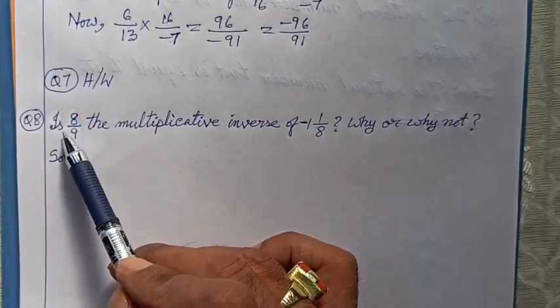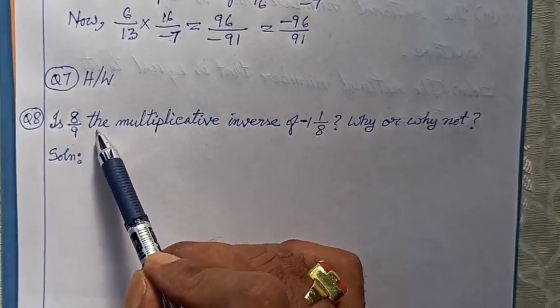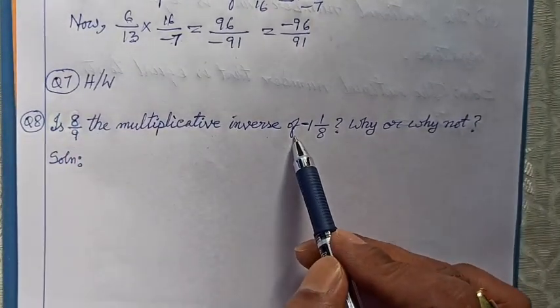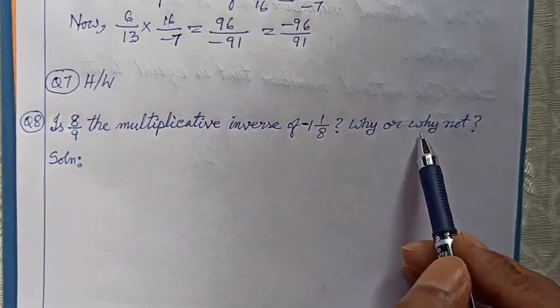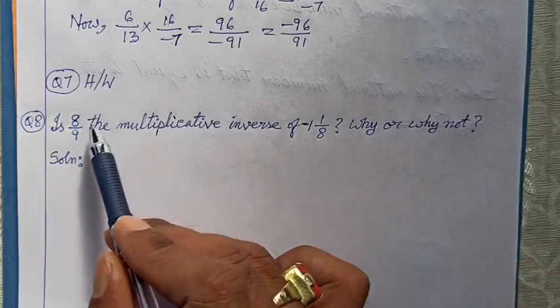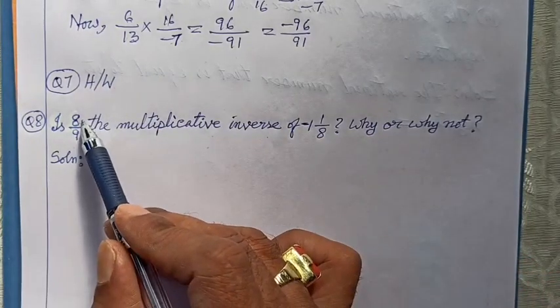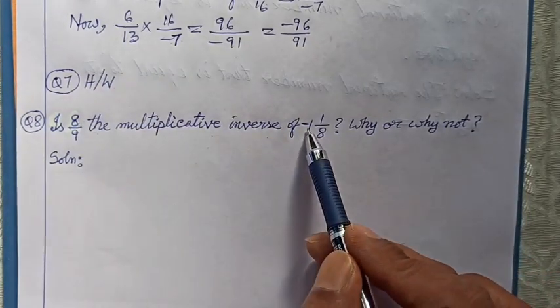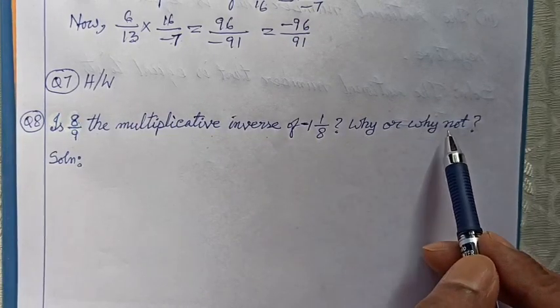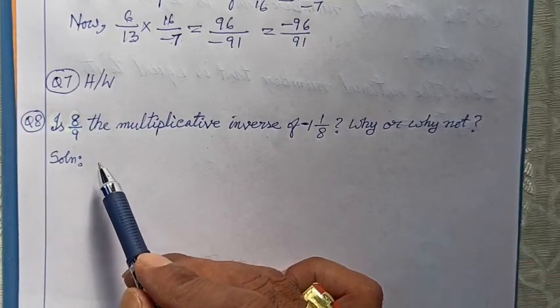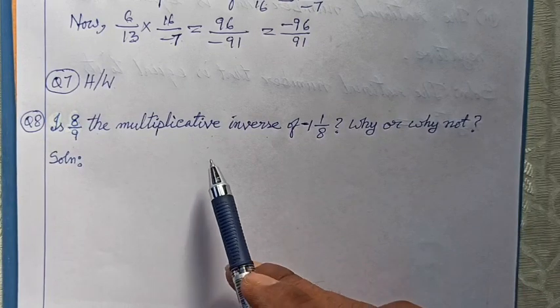Now question number 8. Is 8 by 9 the multiplicative inverse of minus 1 whole 1 by 8? Why or why not? Here it is asking whether 8 by 9 is a multiplicative inverse of minus 1 whole 1 by 8, and why or why not. Now solution. Let's remind ourselves of multiplicative inverse.